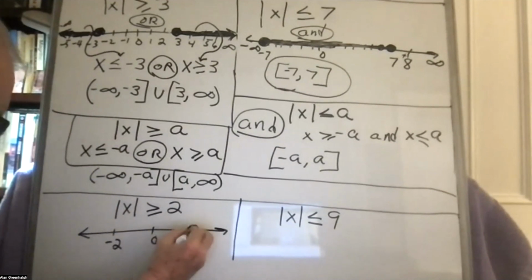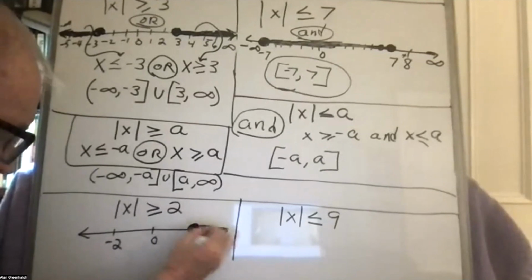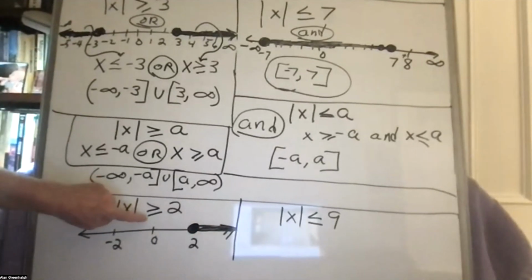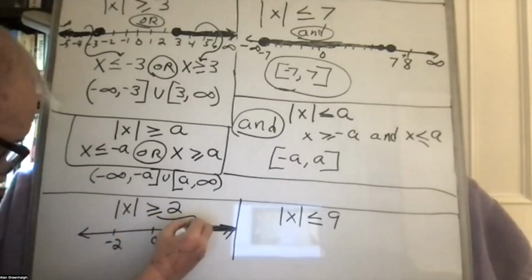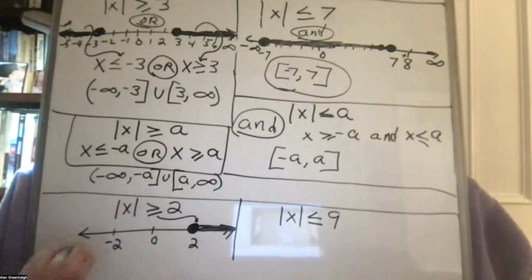So this is going to be from here going in this direction with a shaded in circle because there's a line underneath. This line means shaded in circle. And then going in the opposite direction, again shaded in, it'll go out here.